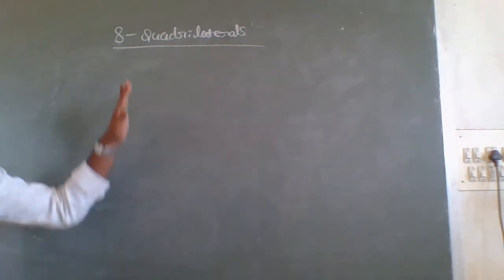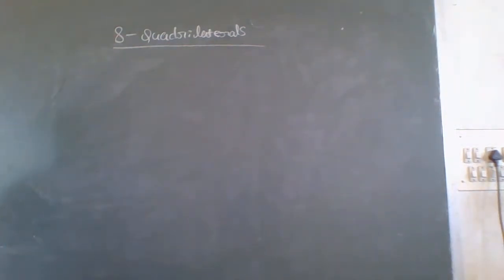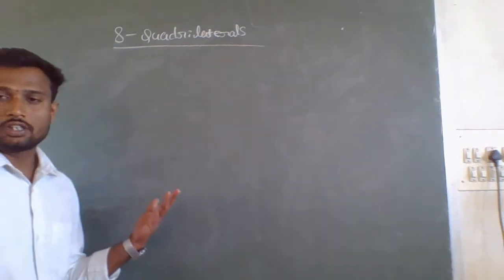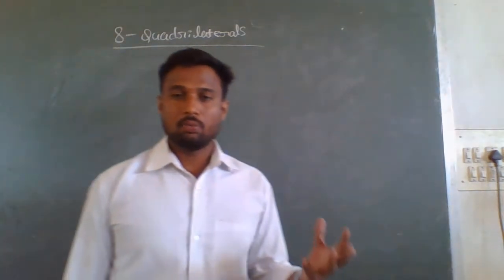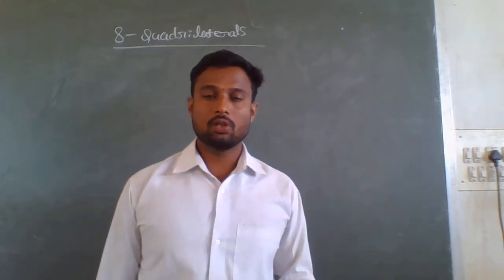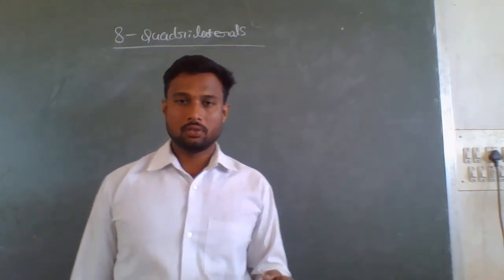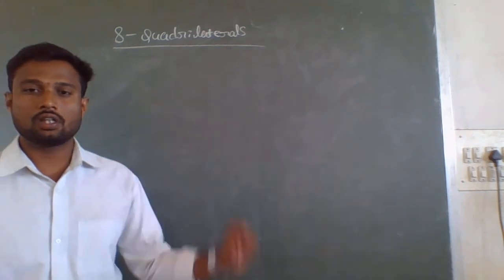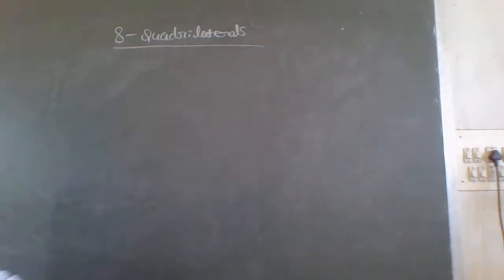So today, first, what is a quadrilateral? You know that a quadrilateral is a polygon. It is a polygon with four sides. That is called a quadrilateral. So there are different types of quadrilaterals.